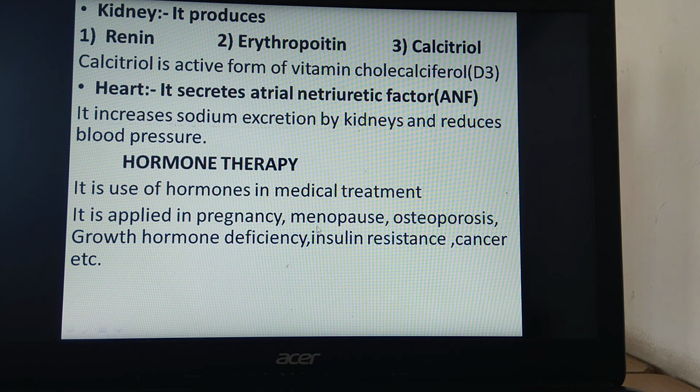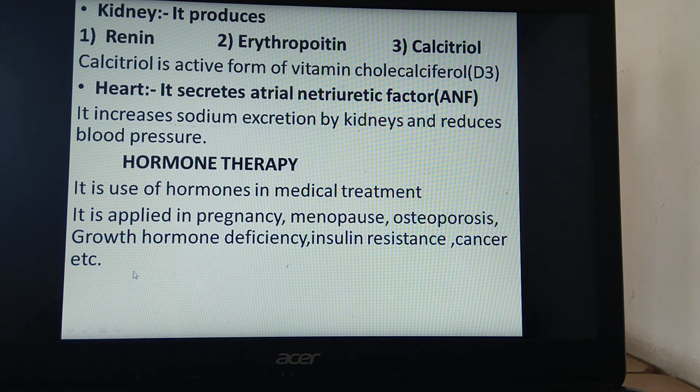Menopause is when the menses stop, that means in females the reproductive cycle gets stopped. Osteoporosis also occurs after menopause, that means bones become porous. It is used if the growth hormone is deficient inside the body, and also in insulin resistance and cancer treatment.